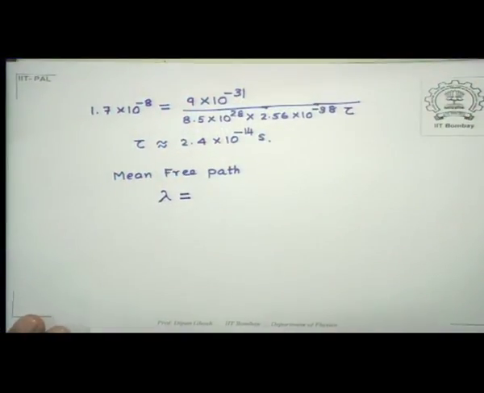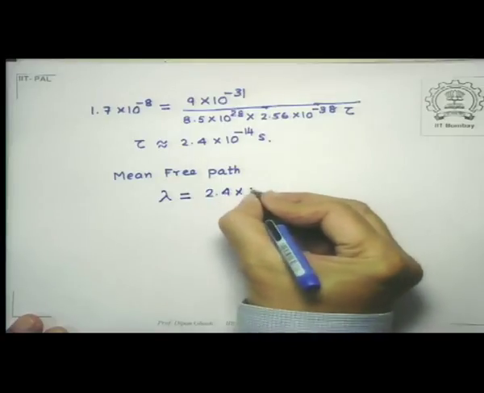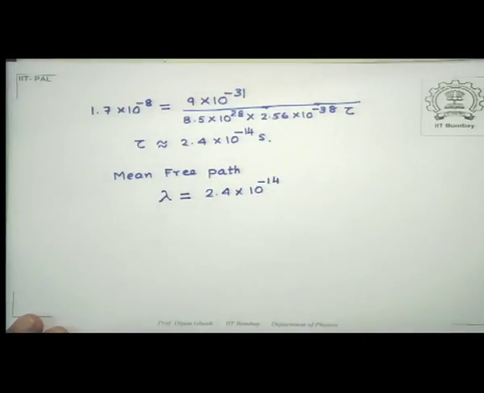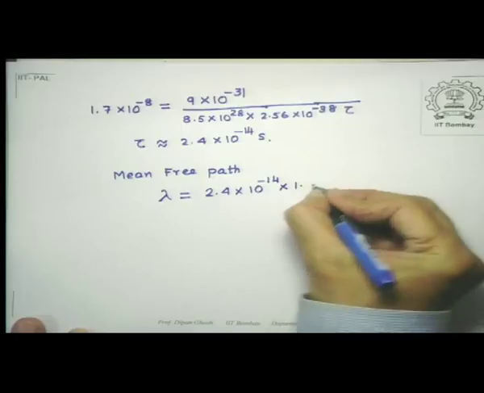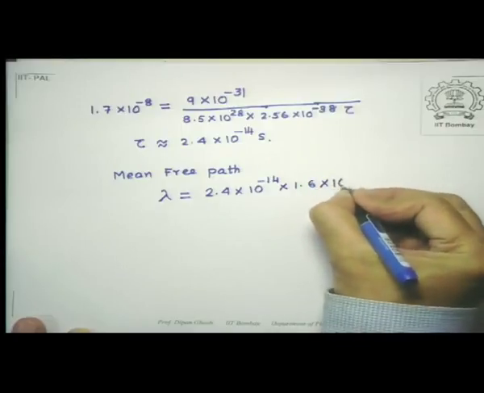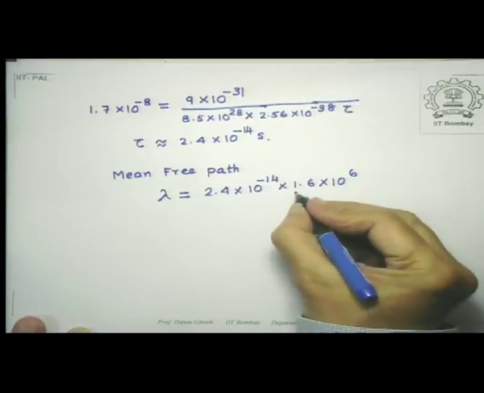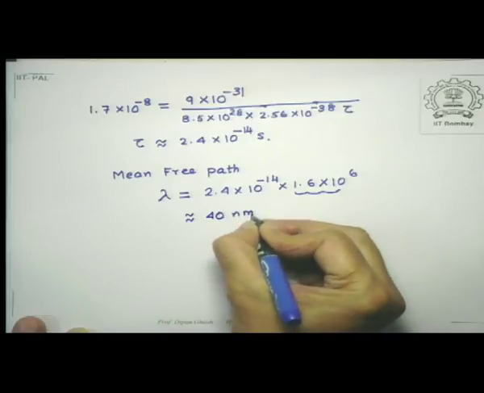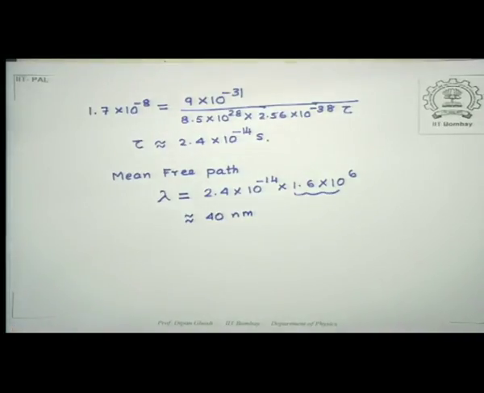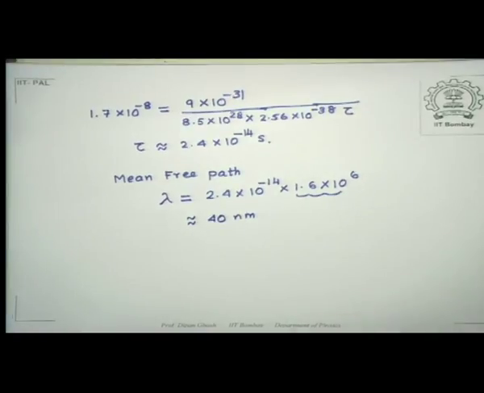Now, obviously, since time is tau, if I multiply this with the typical velocity of the electron, the mean free path, which is frequently denoted by lambda or even L, is 2.4 into 10 to the power minus 14 times the velocity of the electron, which is of the order of 10 to the power 6. Let me take 1.6 into 10 to the power 6 meter per second, a typical speed of electrons, and that happens to be about 40 nanometers. So, this is the distance that an electron would move without suffering another collision.